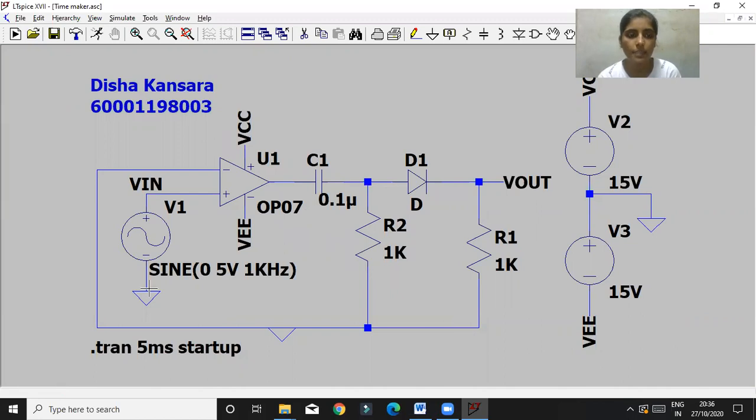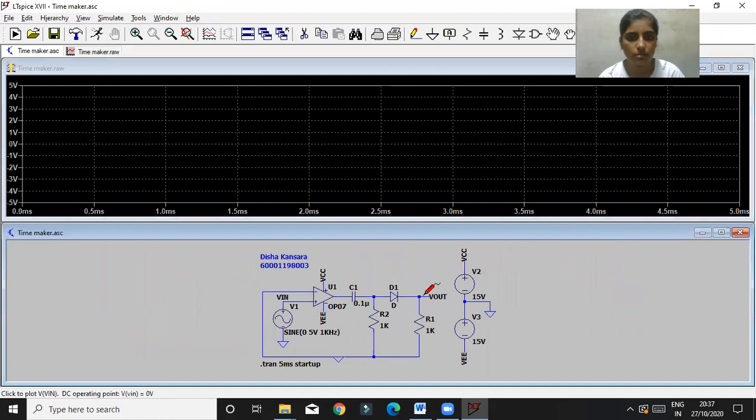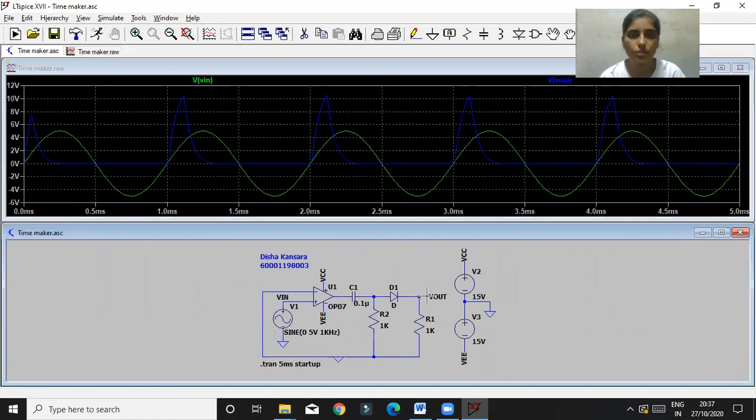I applied a sine wave input of 5 volts and 1 kilohertz frequency, and I used a precision diode here. My capacitor is 0.1 micro, and R1 and R2 values are 1K. So this is the output of this.